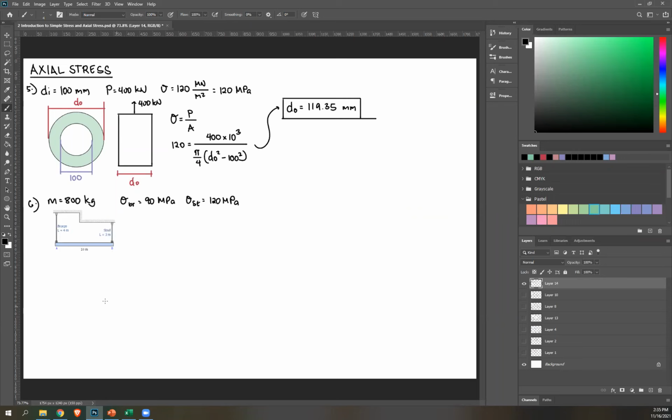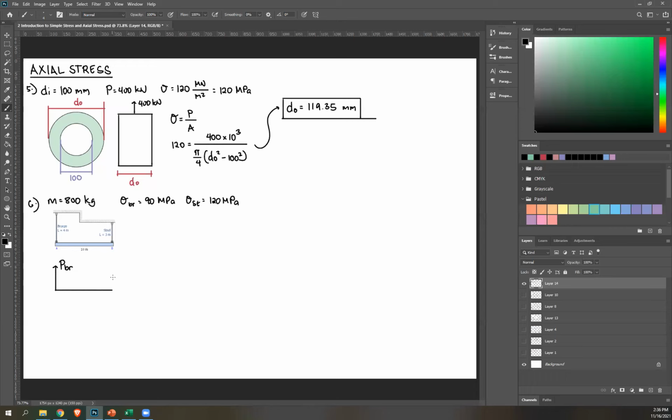To do that, let's start with a free body diagram. Okay, so we have your bar here, right? These are cables, therefore, again, they're only carrying tensile loads. So it's going to be away from your object. Let's call that PBR or FBR, PBR, for tensile load in your bronze.